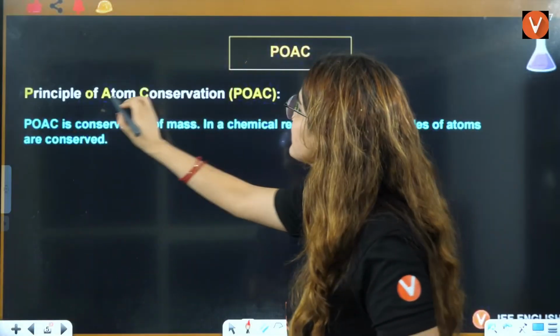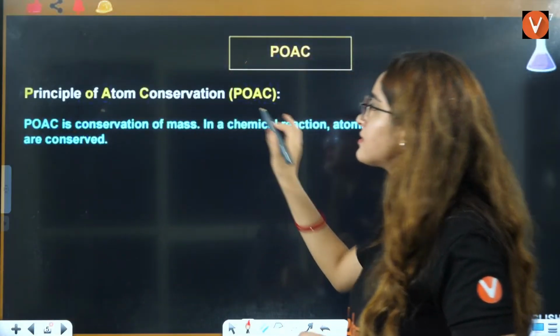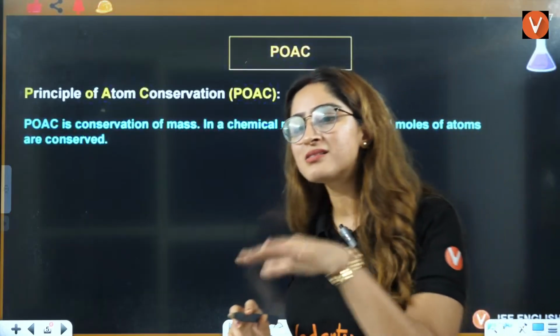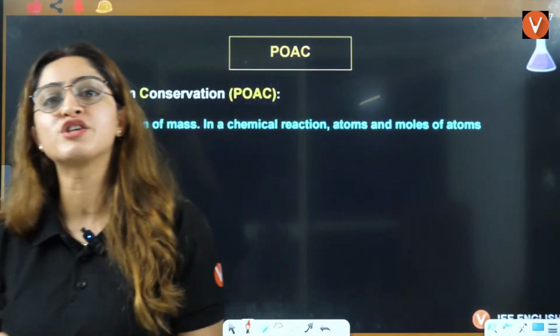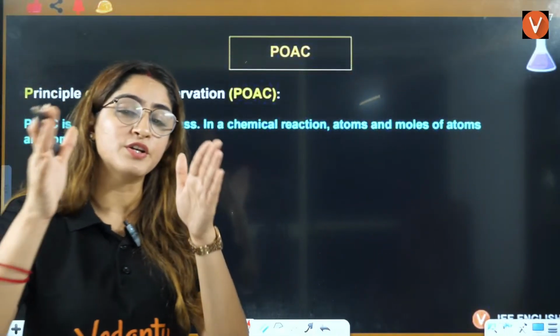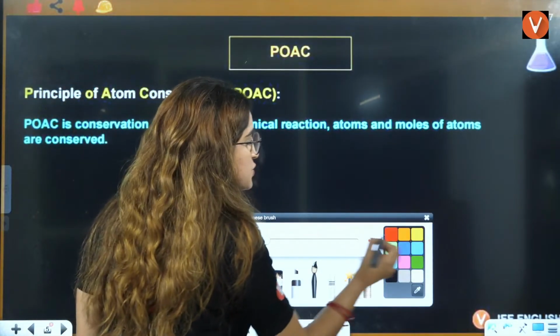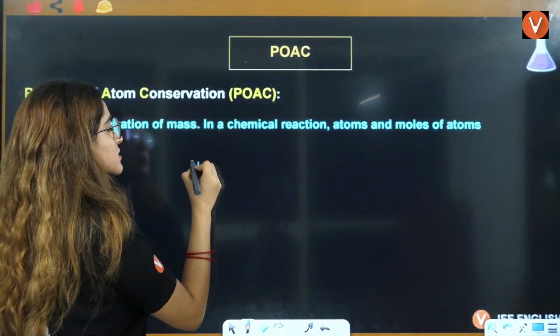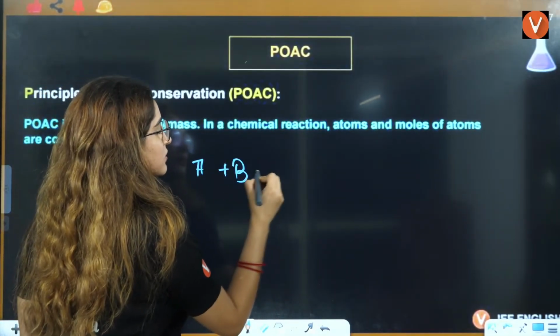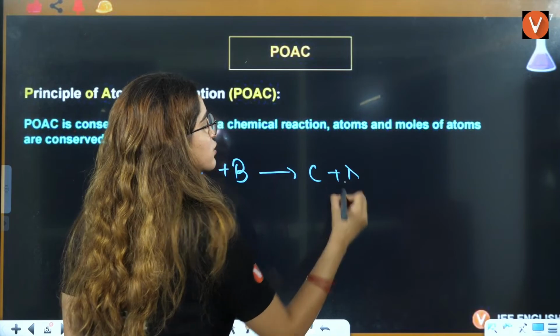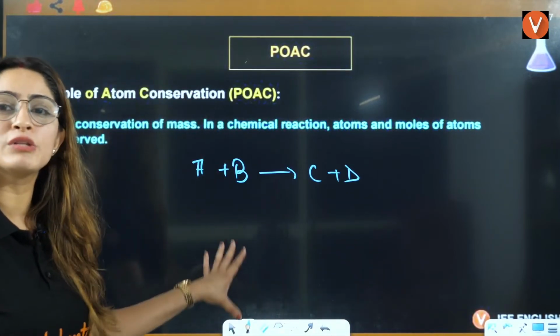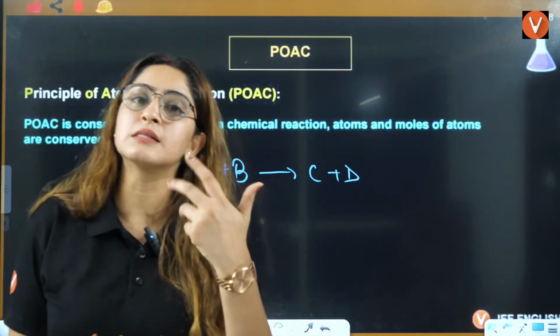POAC is Principle of Atom Conservation. Now, this is based on the law of conservation of mass. We know that in the law of conservation of mass, we discussed that A and B give rise to C and D. Now how come mass is conserved?